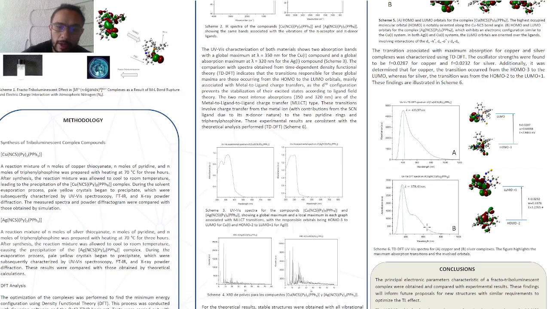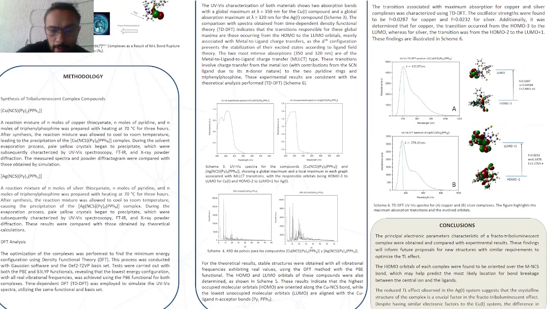With this we obtain the transition orbitals, and we also obtain the oscillator strength for the two complexes, the weight of the function that describes the orbitals, and finally the energy of this transition.